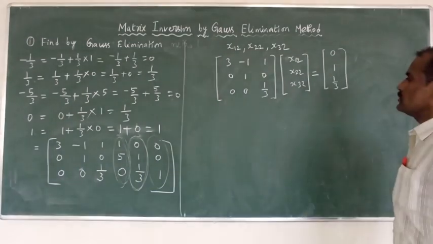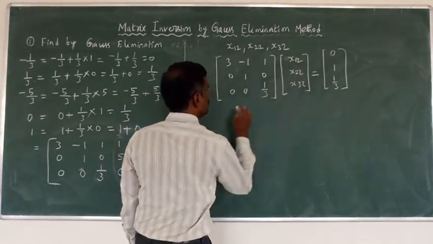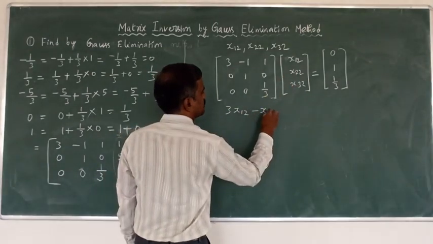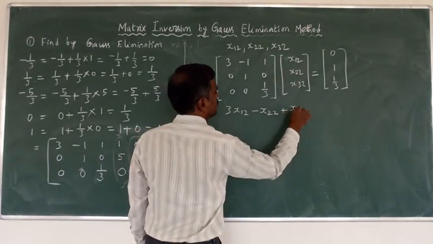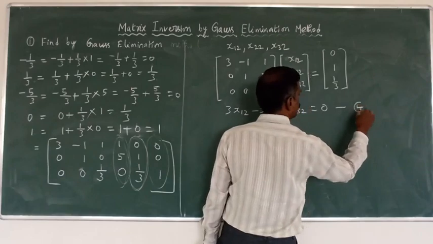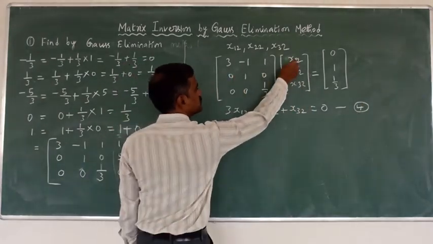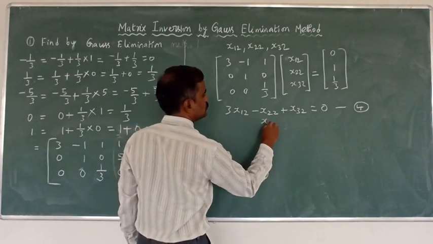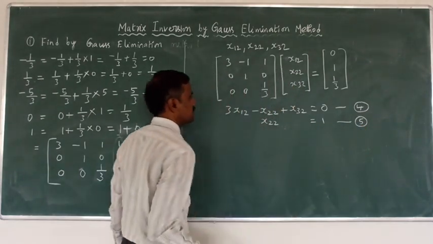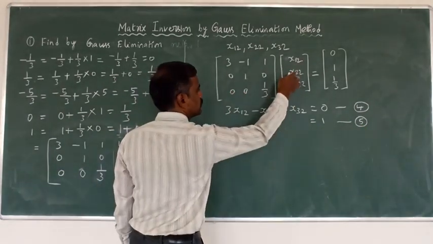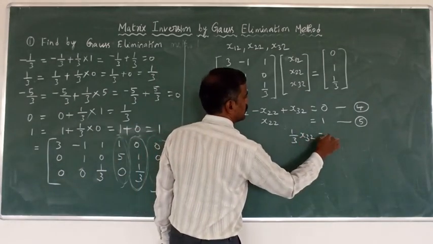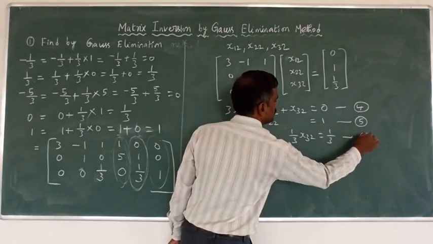Now we can multiply: 3 x12 minus x22 plus x32 equal to 0. This is for equation number 4. Next, x22 equal to 1. This is for equation number 5. Next, these two values 0, so 1 by 3 x32 equal to 1 by 3. This is for equation number 6.